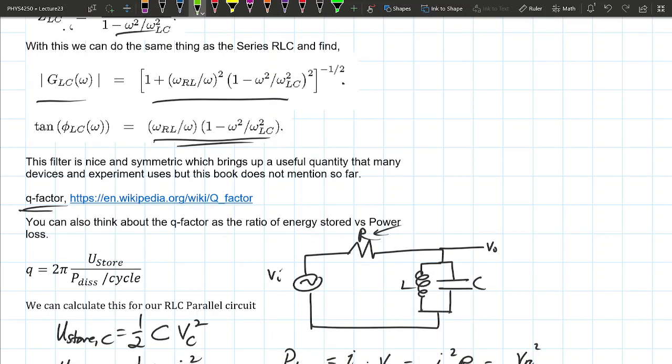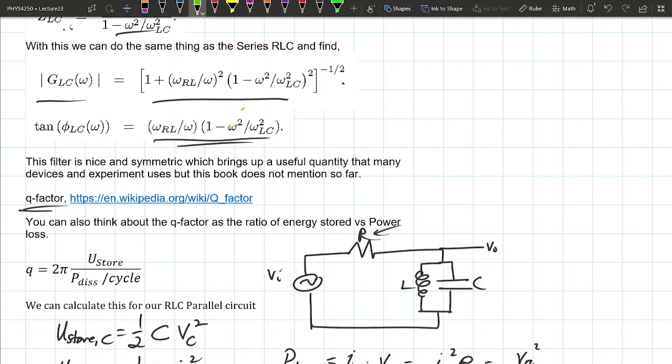So if omega goes to omega LC, this is basically going to be 0. What's tangent of what gives you 0? Sorry, it's not 0. There should be a divisor here.